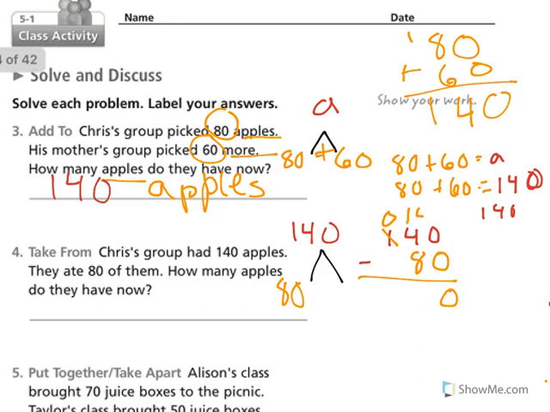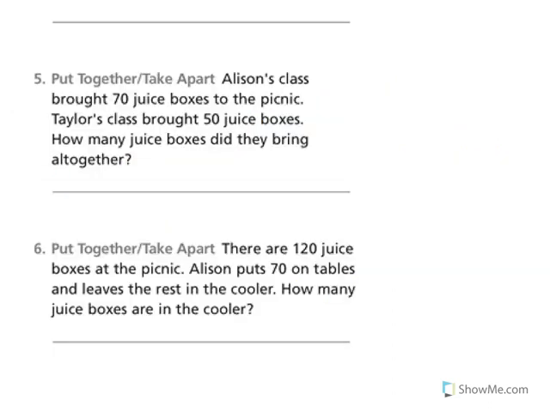So now we have 14 tens. And then now we have 14 minus 8, and we know that is 6. So now we have our answer, which is 60. And we know it says how many apples, so we'll write apples. And the number was 60. Okay, next one.